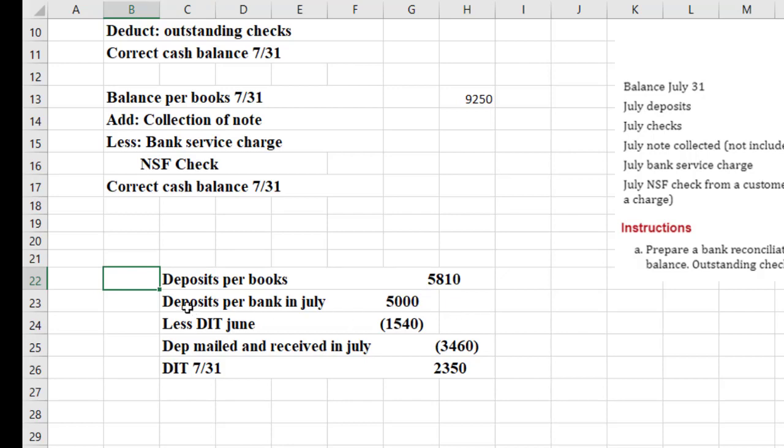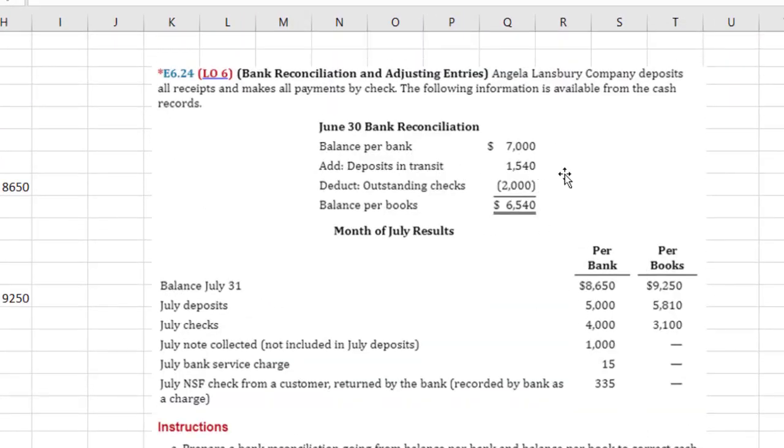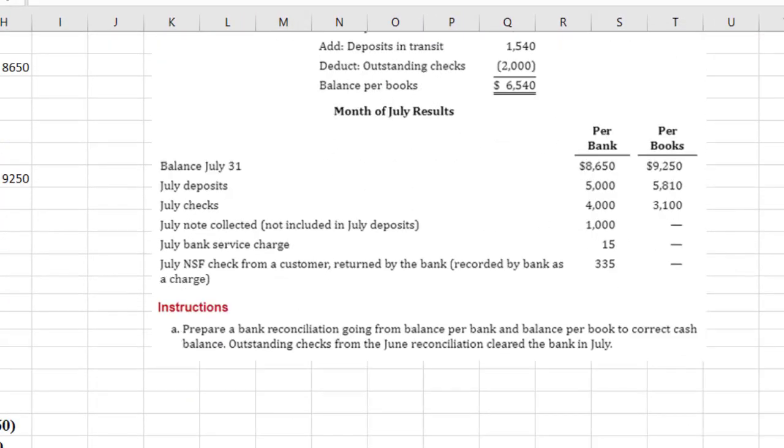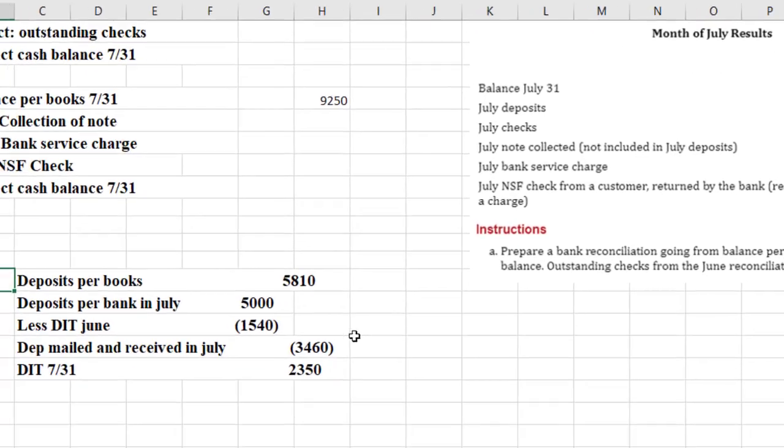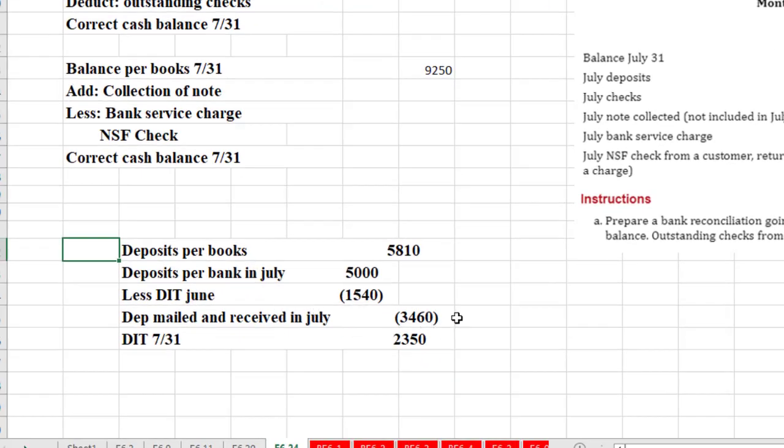The deposits the bank says we made were $5,000. However, notice that some of those deposits the bank said we made actually came from June. So 1,540 came from June. So the July deposits then were 3,460, and I made it a negative number just because we're going to compare that to the deposits for the books.